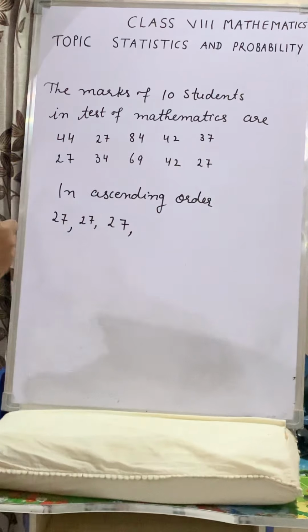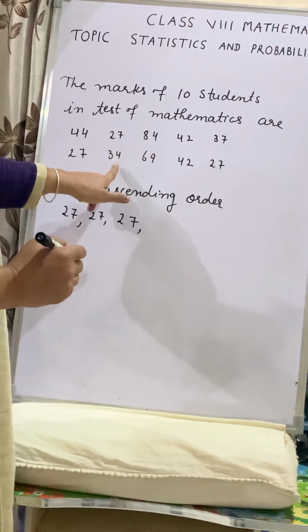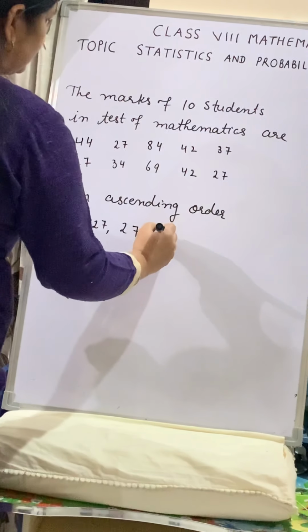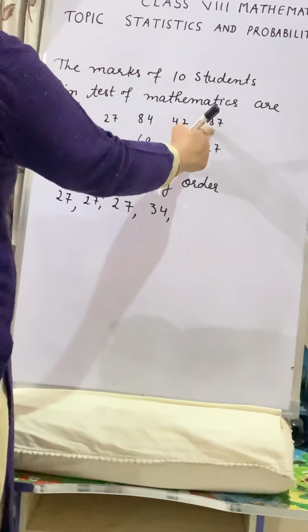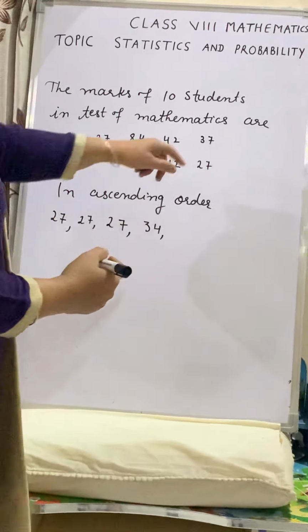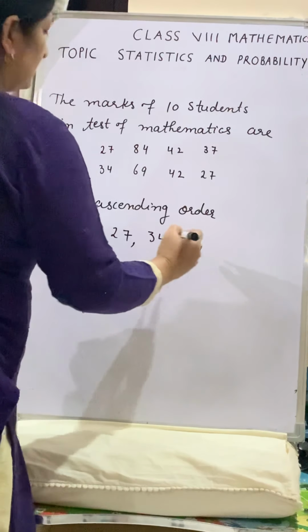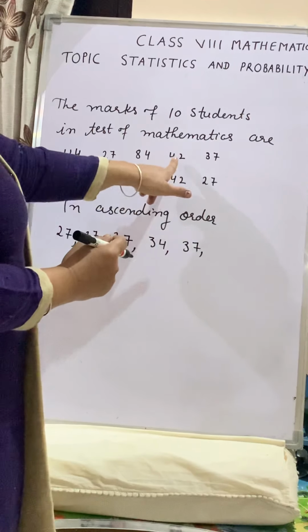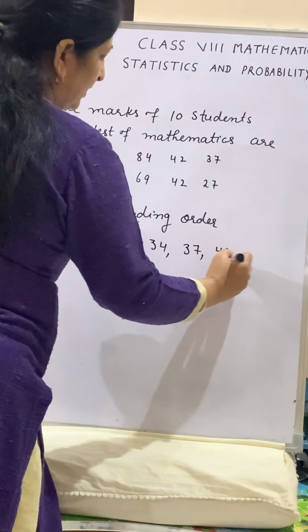Next score is 27. Next is 34, which is one time. Next 37, which is also one time. Next 42, which is two times, 42 and 42.